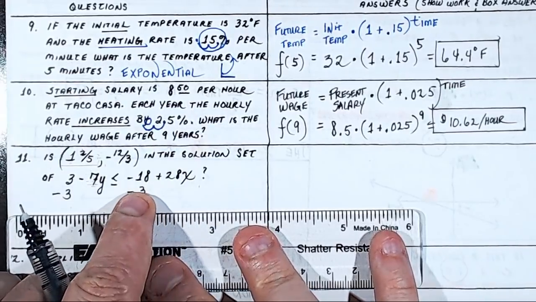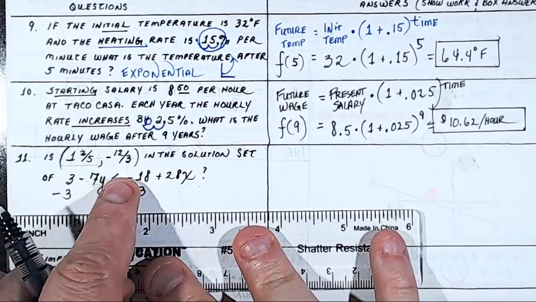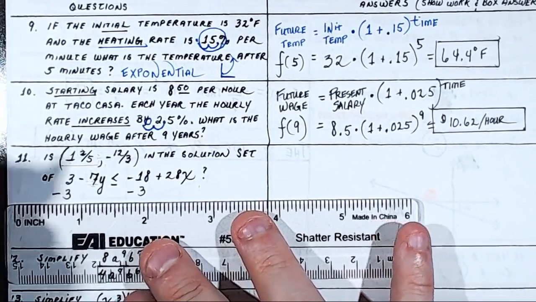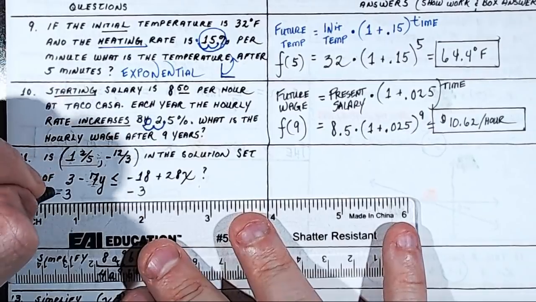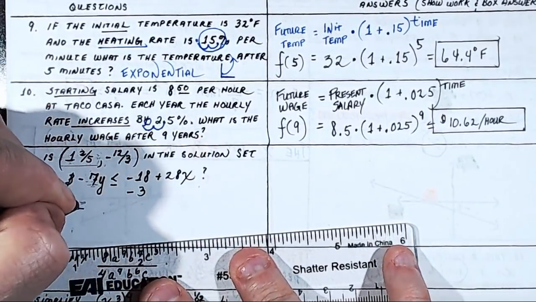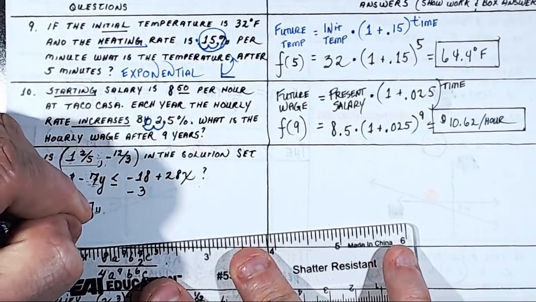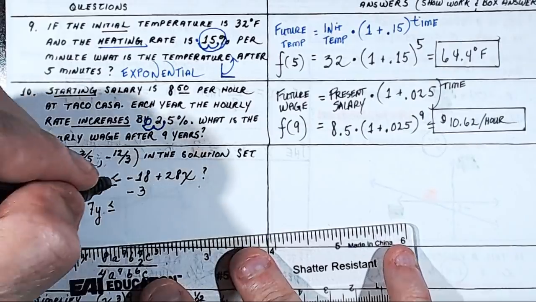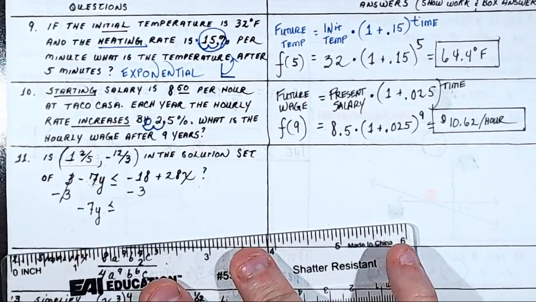It's good to put the -3 underneath the number if you have a number by itself. 3 minus 3 is 0, so that's gone. Then I have negative 7y less than or equal to negative 18 minus 3.